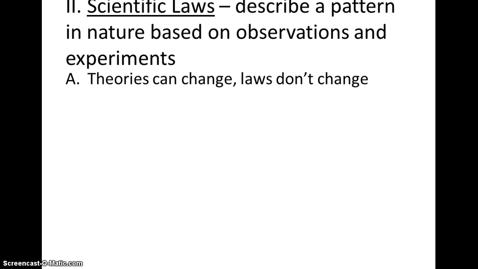The law of universal gravitation is stating how objects are attracted to other objects. The pen is always going to fall to the floor. That's not going to change. Theories attempt to explain why something is happening, and so they can change when new information is available.